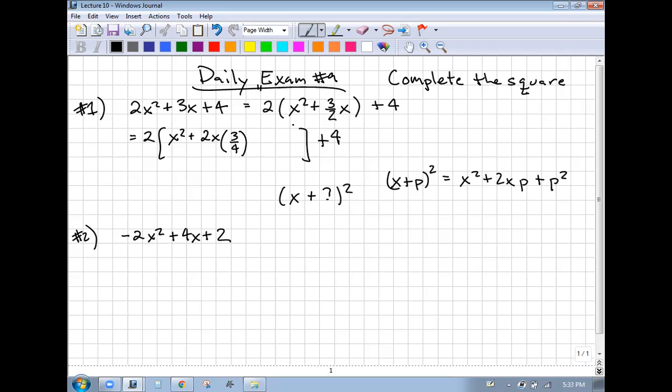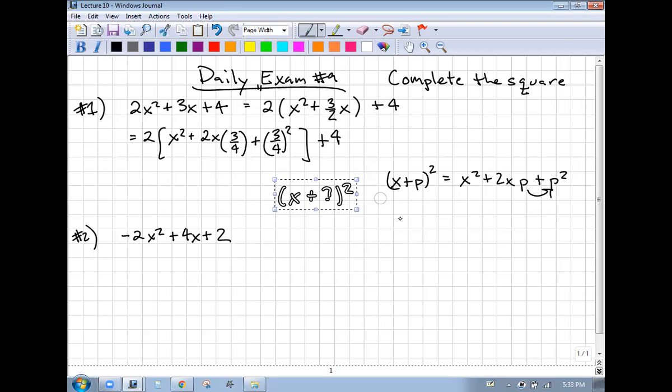Now, why did I do that? I mean, 2 over 4, this is still 3 halves x, but why would I write it like that? I wrote it like this because of this pattern here. We have x squared plus 2x times p, and then plus p squared. This is the p. I need to have that number squared, right? That's what I want.